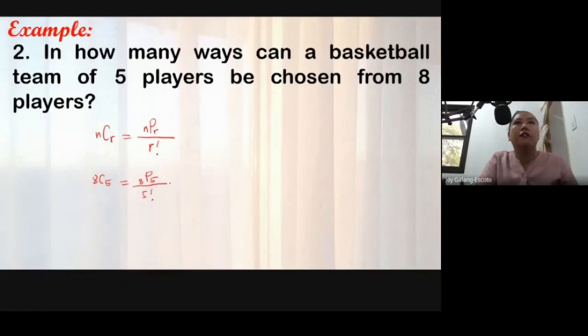Now next, fundamental counting principle: you have 5 positions. So 8 times 7 times 6 times 5 times 4. And then 5 factorial expanded is equal to 5 times 4 times 3 times 2 times 1.